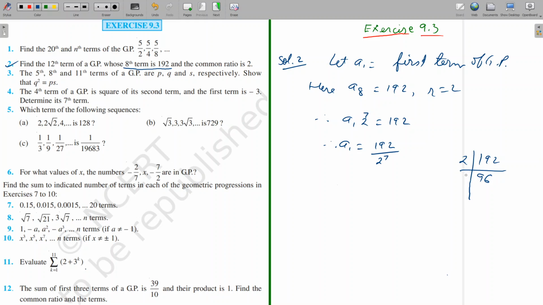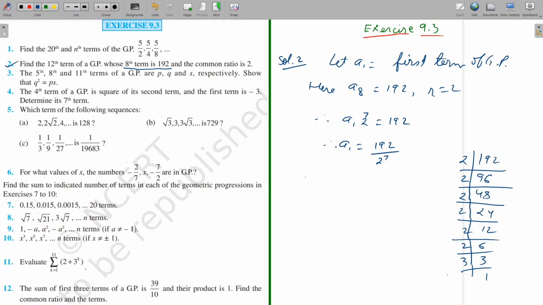Dividing 96 by 2, we get 48. Dividing by 2 again, we get 24. Again with 2, we get 12. Again with 2, we get 6. Again with 2, we get 3, and then 1.